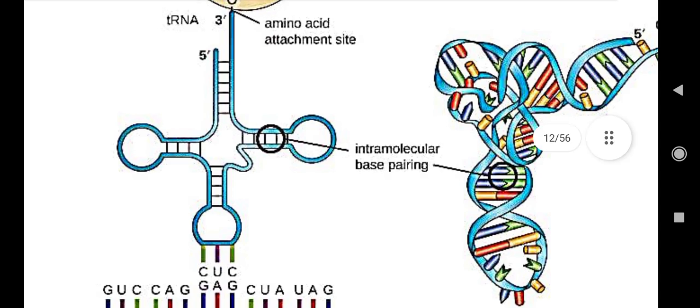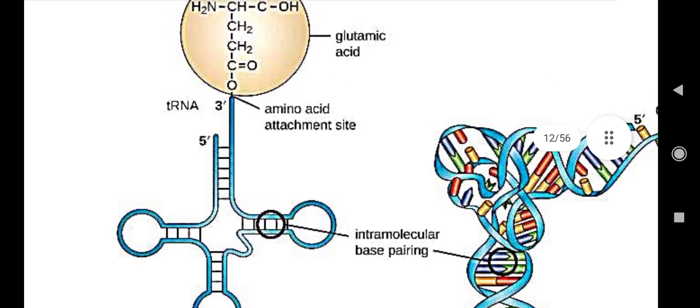Then just after this T psi U loop there is no loop, but at the extreme end where the amino acid is attached, that site is known as the amino acid attachment site, also known as the acceptor arm. The acceptor arm consists of a unique sequence called ACC.